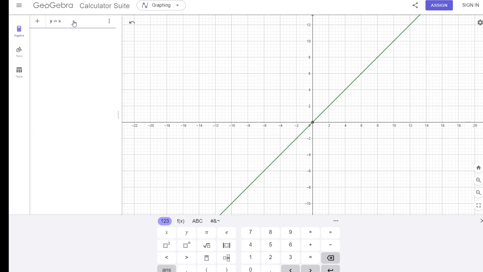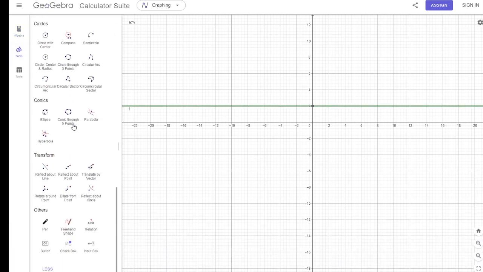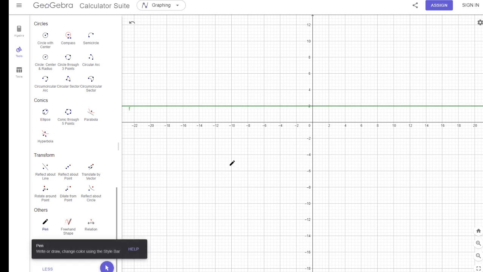Let me erase this. 2 to the x. See that? It never actually touches 0. It appears like it's going to be touching 0, but it never really touches it. Let's look at another one. Let's do it by hand, and then we'll look at the graph.